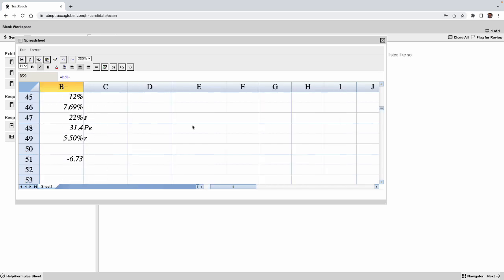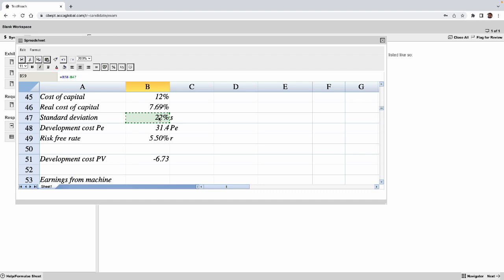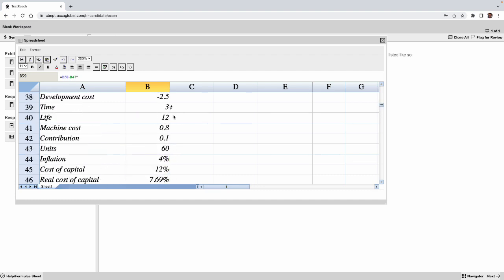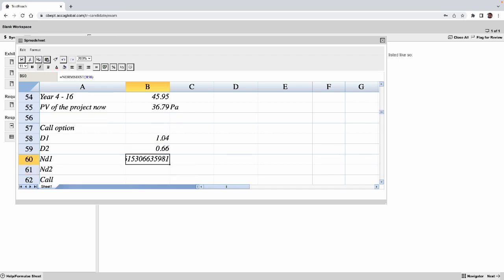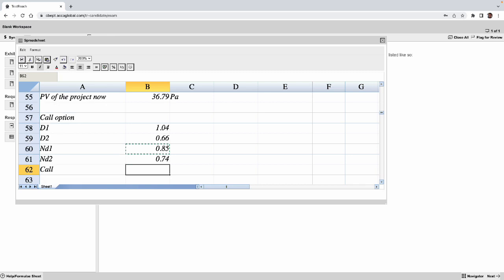Minus S. Okay, can you get this one? Yes, no? Can? Are you okay?